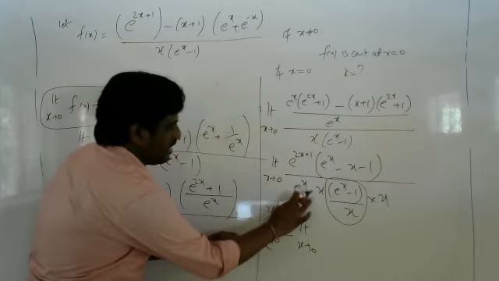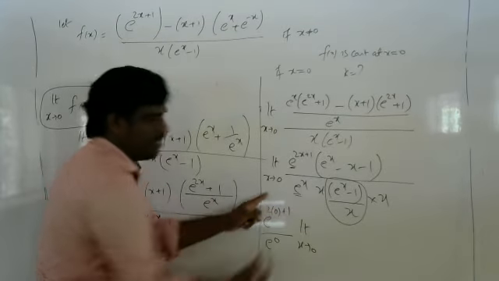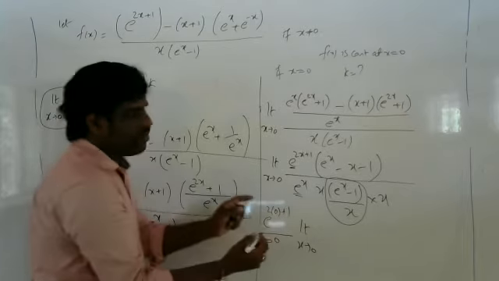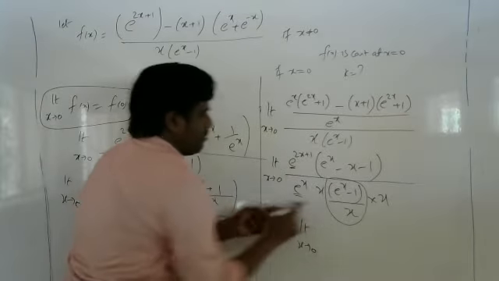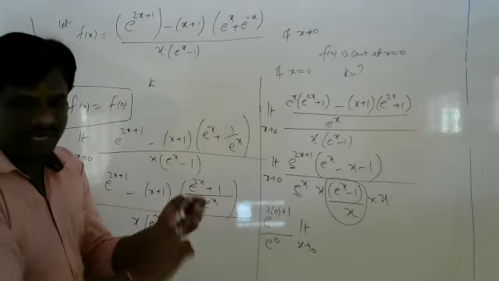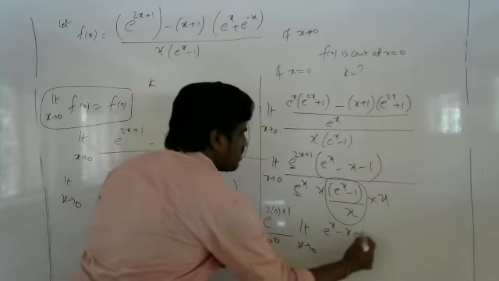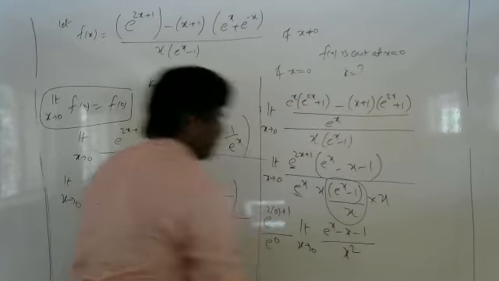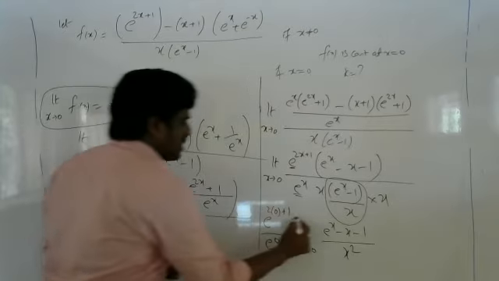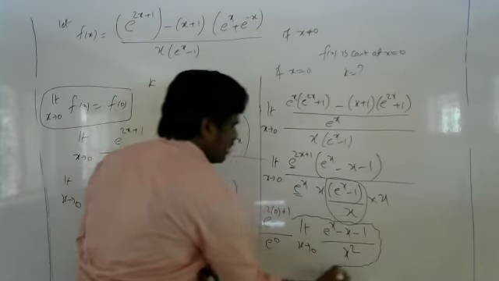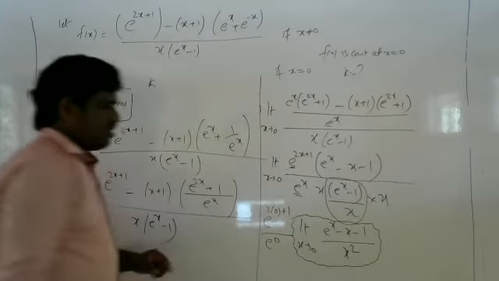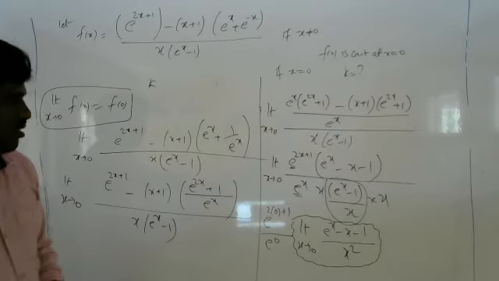See here, on this side I substituted the limit, and on this side, the value I got: limit x tending to 0 of (e power x minus 1) by x is 1, and what is left here is (e power x minus 1) divided by x square. And I told you this is a special limit. Do you remember? Yes, sir.